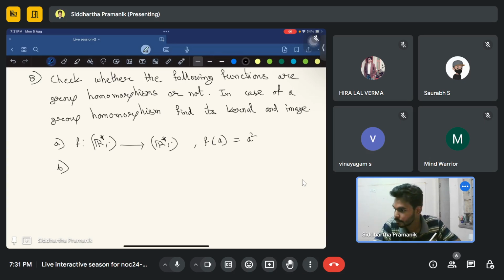Second one is R comma plus to R plus comma dot, the set of all positive real numbers under multiplication, and the map is f of a equals mod a.